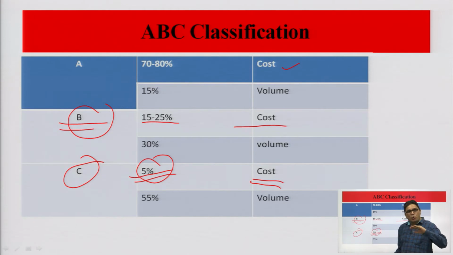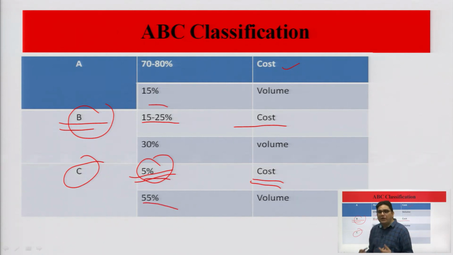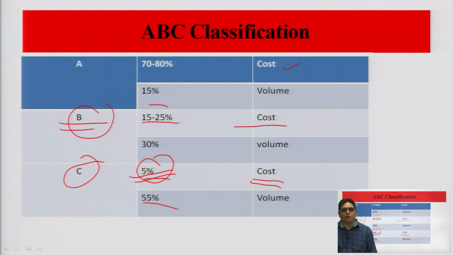And we say if the cost is high, the volumes are low. If the cost is low, then the volumes are high. I mean to say, in a company there may be certain items or goods that are low in terms of cost, but in terms of volume they are larger. On the other hand, the items in the inventory which cater to the larger portion of our overall cost have only 15% of the volume.